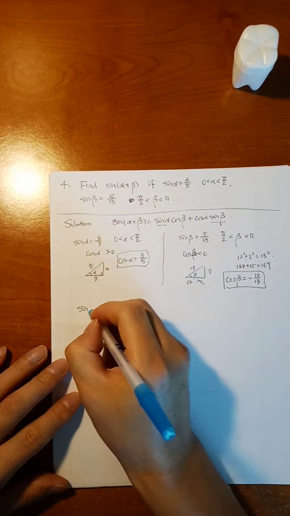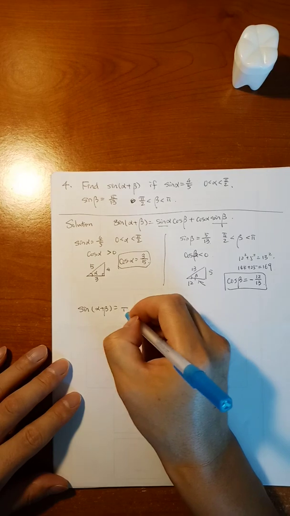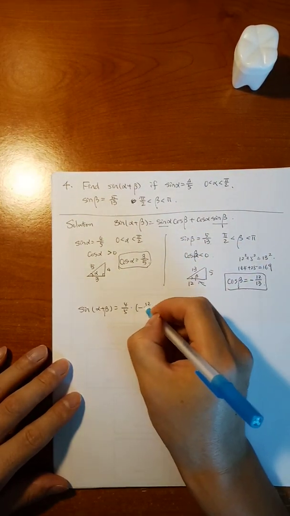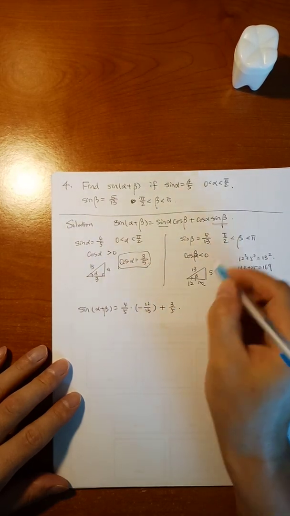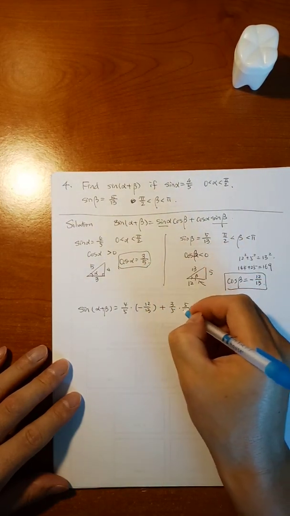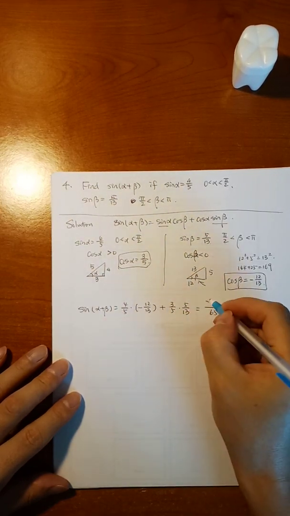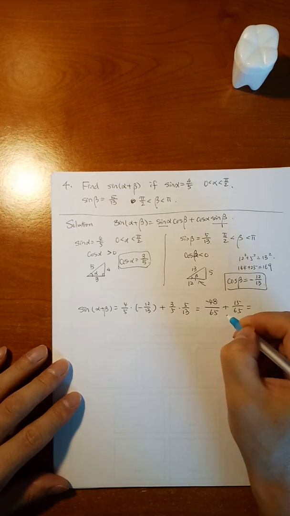So sine alpha plus beta is sine alpha 4/5, cosine beta negative 12/13, plus cosine alpha 3/5, sine beta 5/13. So it's negative 48 plus 15 over 65.